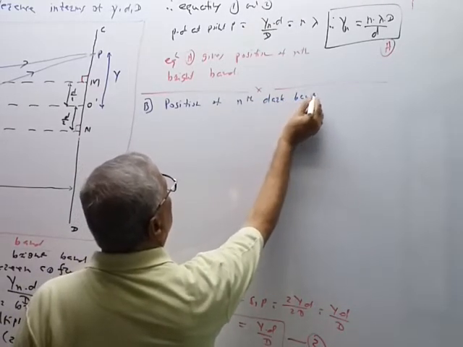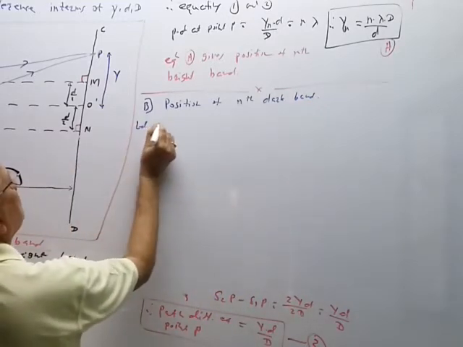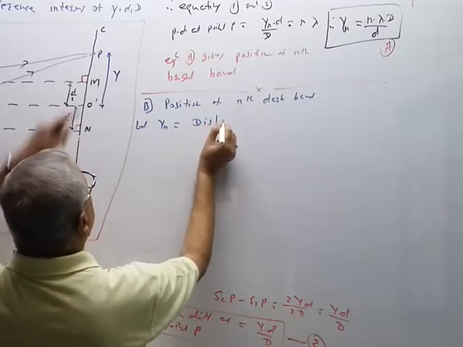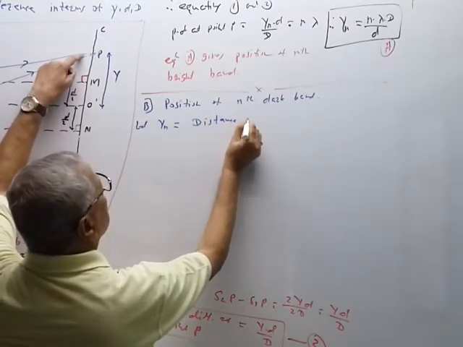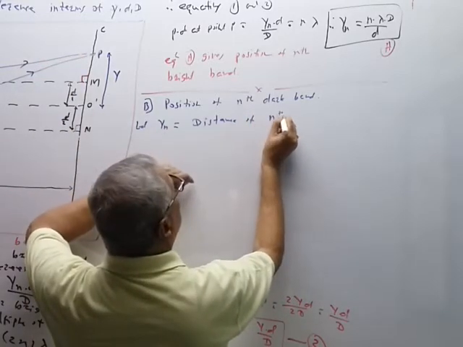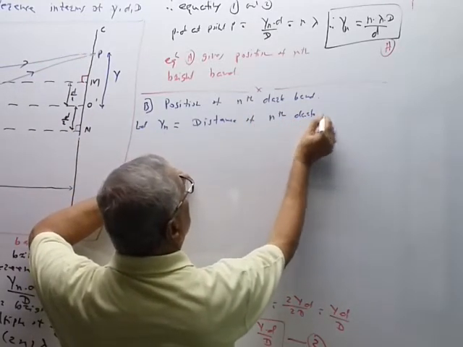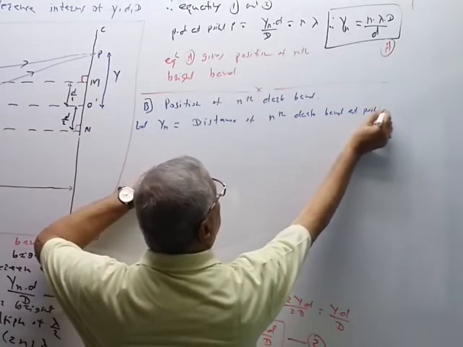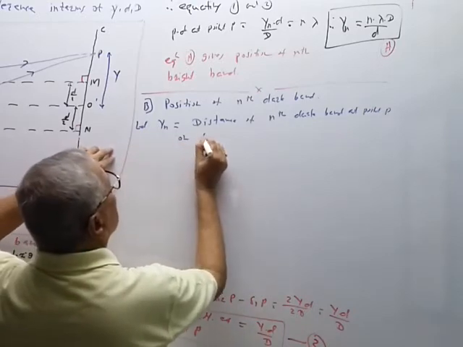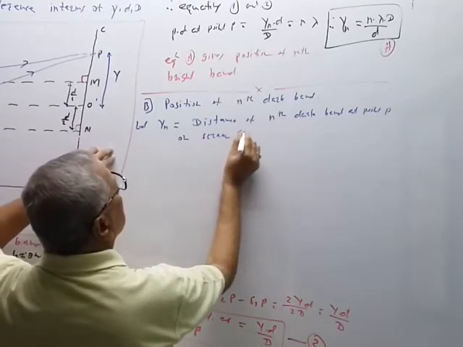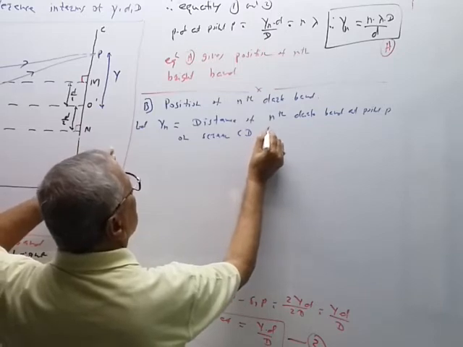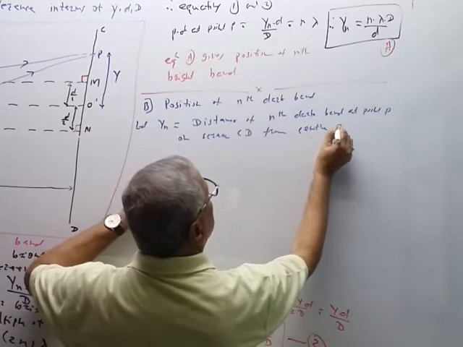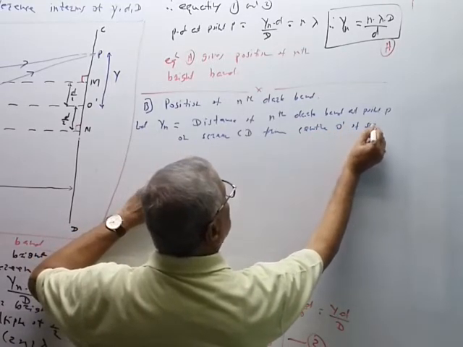Let Yn be equal to the distance of the nth dark band at point P on screen CD from center O dash of the screen.